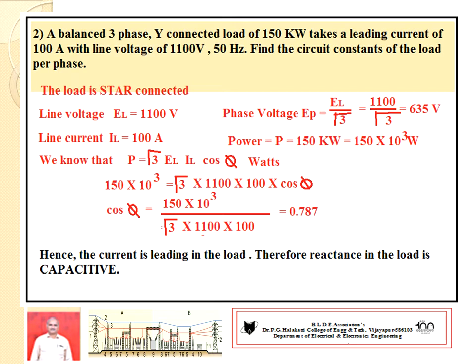Hence it gives the idea that the reactance in the load is capacitive in nature, because in capacitive reactance only current leads. Getting the idea? Therefore, if it is capacitive reactance, then current leads.